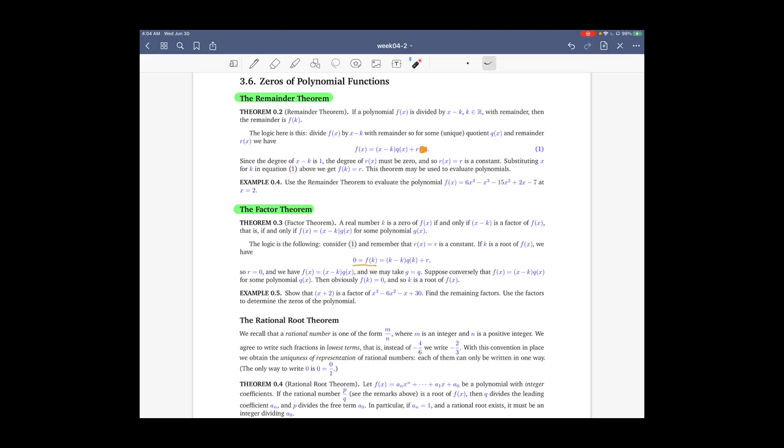The converse is also easy to explain. If f can be written in this form, x minus k times another polynomial, then of course f at k is 0, because when you substitute x for k on the right, you get k minus k as a factor, and that is 0.